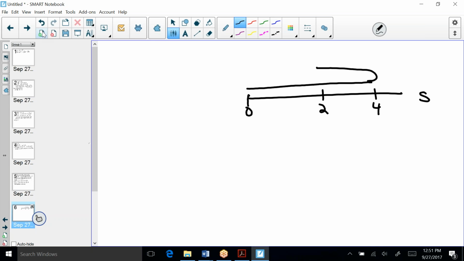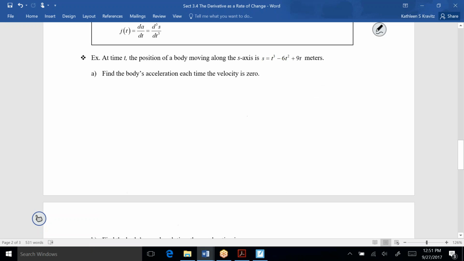So we know that it's changing directions at 1 second. Oh, because of the 6 centimeters? Yeah. So that's how we know. And that's the only time that it can change is when that velocity is 0. So it's 0 at 1 second. All right, anything else? All right, let's look at the next example then on your notes.